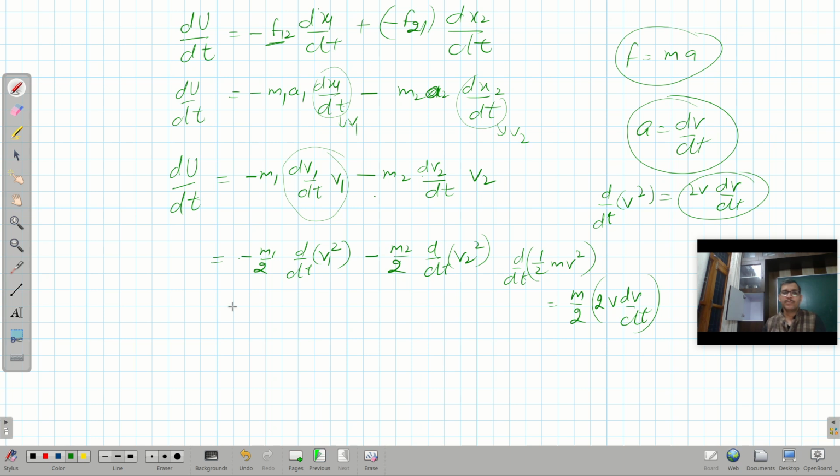So du upon dt is here, and if I bring this from here to here, because it is a constant, it can be taken either outside or inside the derivative. So it can be written as minus d upon dt of half m1 v1 square, and similarly d upon dt of half m2 v2 square.